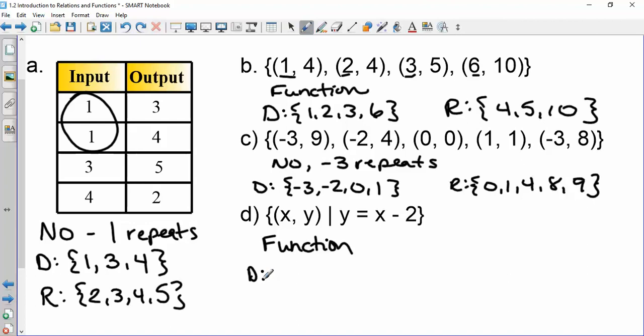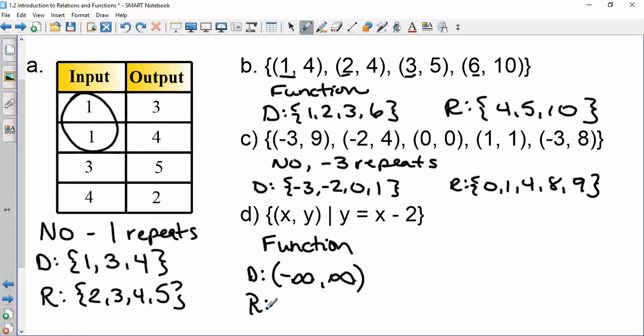If we do interval notation, we put a starting and a stopping point. If it goes forever in both directions, that's all real numbers. The range, is there anything we won't get out?